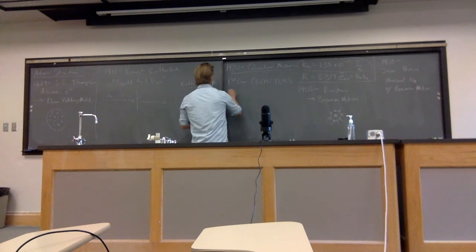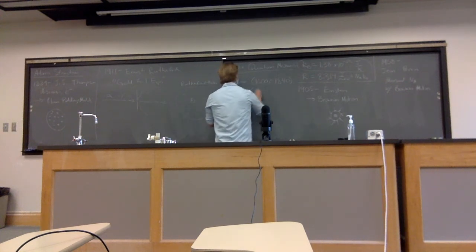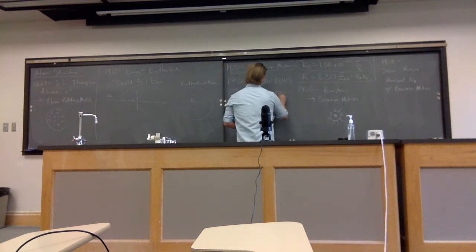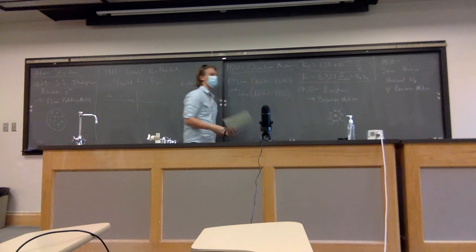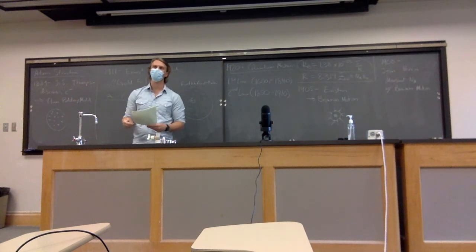The second law of thermodynamics was formulated from about 1850, we'll talk about this in the next class, to approximately 1910 is where it more or less got fairly solidified in a mathematical construct.